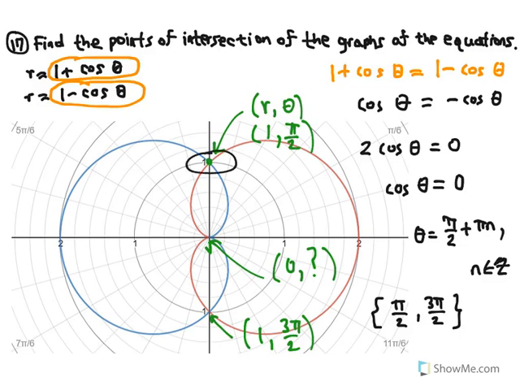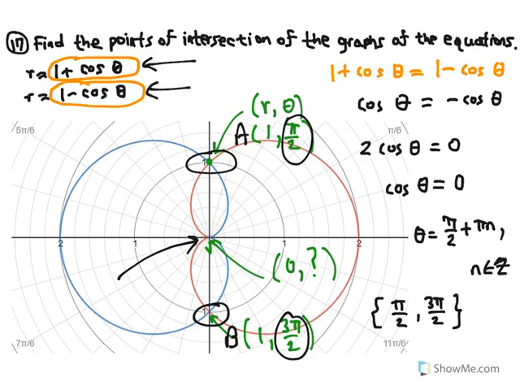This one here, theta is equal to pi over 2, and this one here, where theta is equal to 3 pi over 2. But it doesn't tell you that there is a third point of intersection. And we want to think about why that happens. The reason why that happens is these 2 points, let's call these 2 points A and B, they occur on both graphs at the same value of theta.